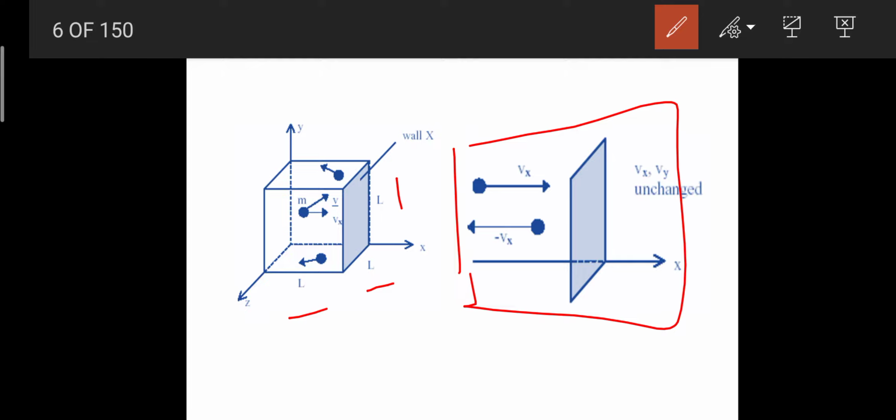Yes, it is a square shape. You can see the molecule moving towards the wall, and also returning from that wall. So Vx is going to be the initial movement of that molecule, and minus Vx is going to be the final movement of that molecule for one particular wall. You can consider that here.